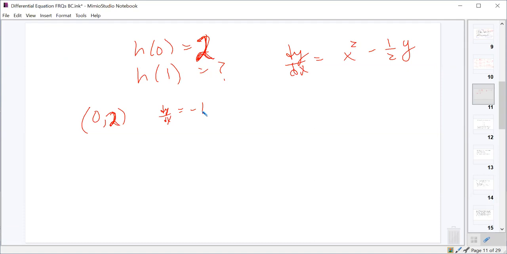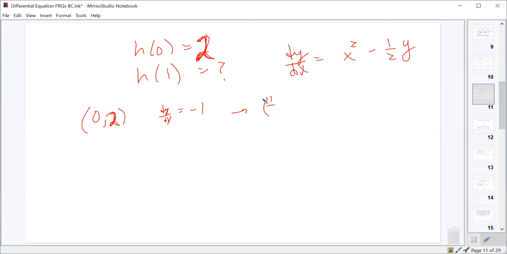Okay, just making sure I did my arithmetic there correctly. So as x goes up by a half a unit there, our y value ought to go down by -1. So our new point should be becoming 1/2, 1. Sorry, not 1/2, 1.